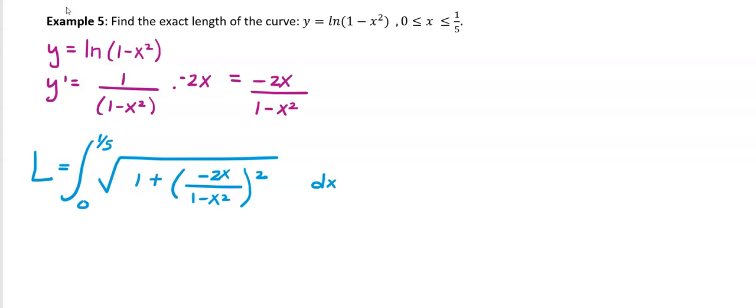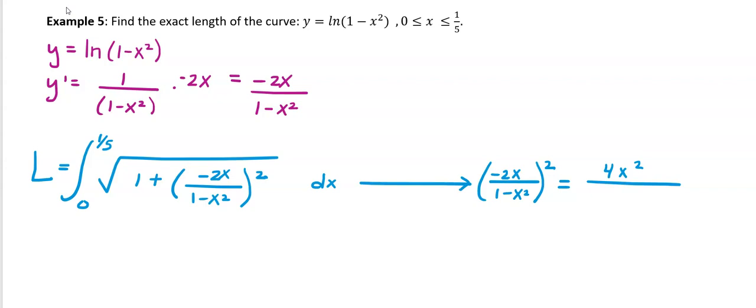So before we go too far, I'm going to take a moment and expand out this piece that's to the second power. I'm going to take negative 2x over 1 minus x squared to the second power. So when we do that, it would become 4x squared in the numerator, and the denominator would become 1 minus 2x squared plus x to the 4th.